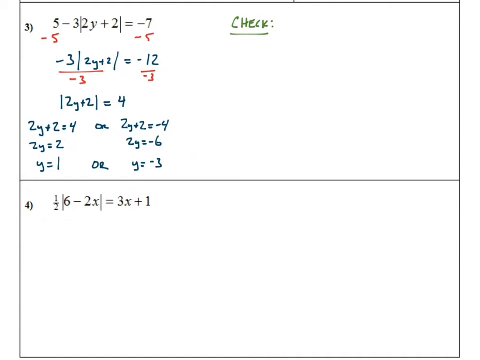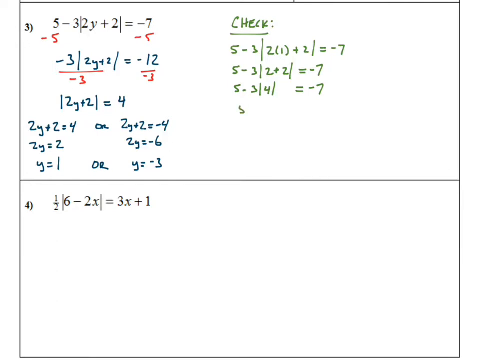And again, I'm going to plug back into my original equation. So I'm going to have 5 minus 3 times the absolute value of 2 times 1 plus 2, equals negative 7. Working that down a bit more, I'll have 5 minus 3 times the absolute value of 2 plus 2, or sorry, 5 minus 3 times the absolute value of 4, checking to see if that is negative 7.